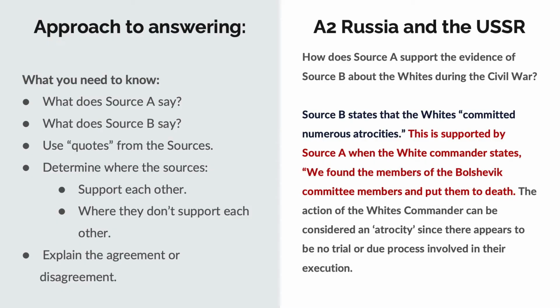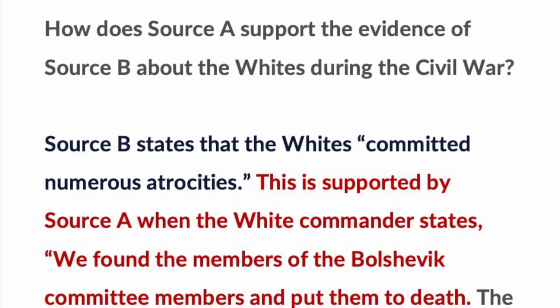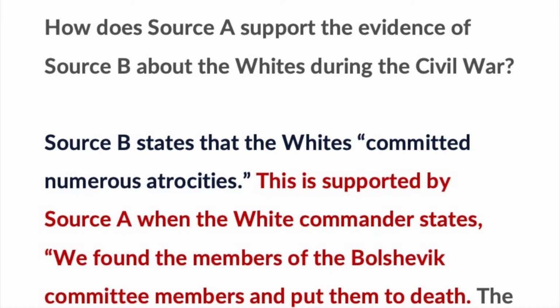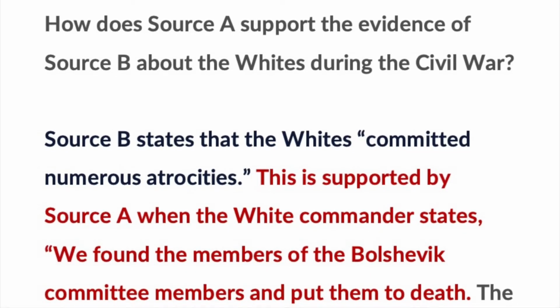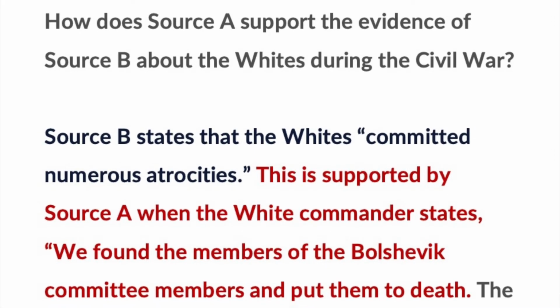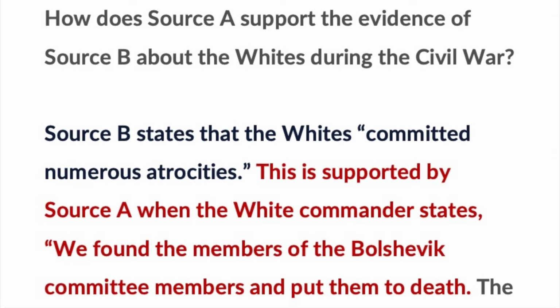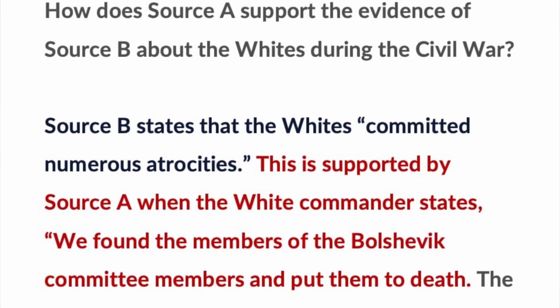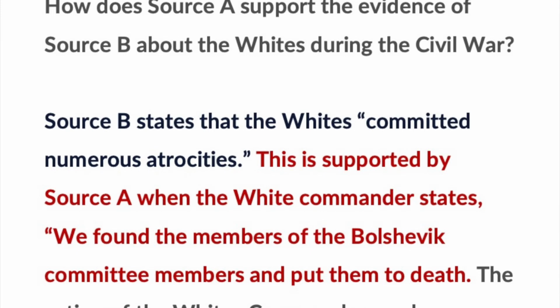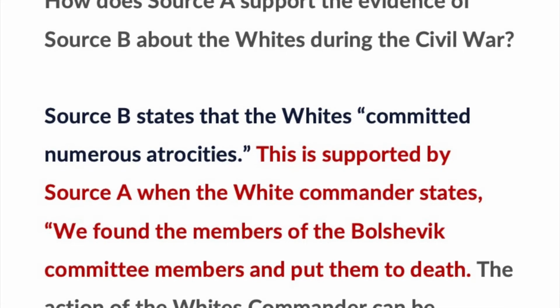So keep in mind, this is a very simple response. I mean, it could be elaborated upon, but I wanted to break it down into the 3 parts in order for it to pop a little bit more so you can see how the structure should be written. One of the things that I always find somewhat interesting is that because it says, how does source A support the evidence of source B, I find it most helpful to start with talking about what B says.